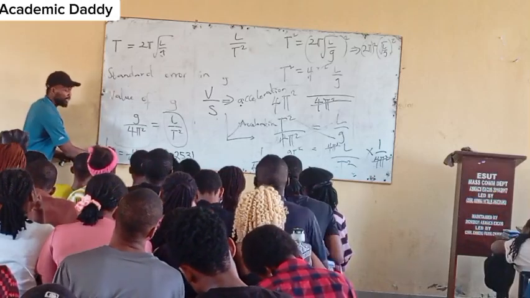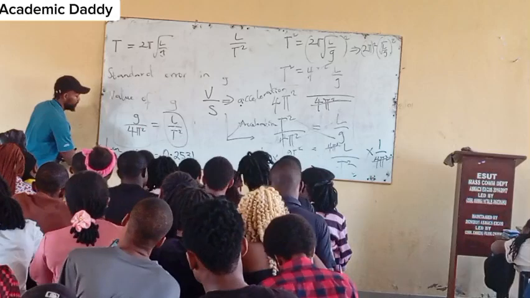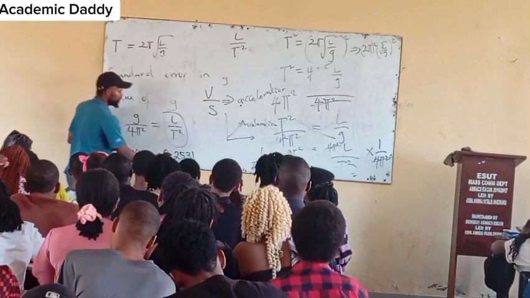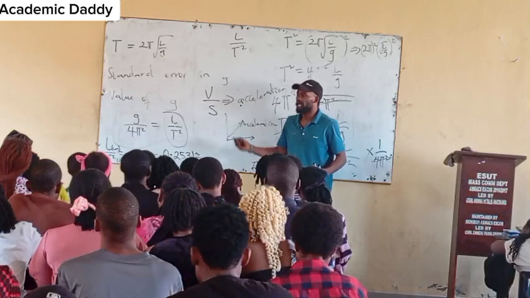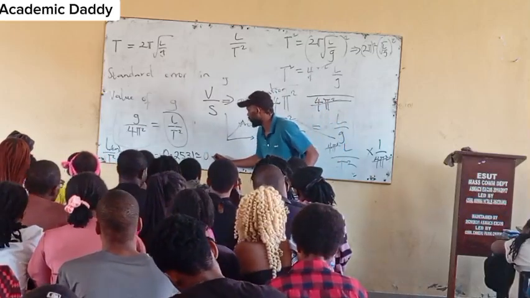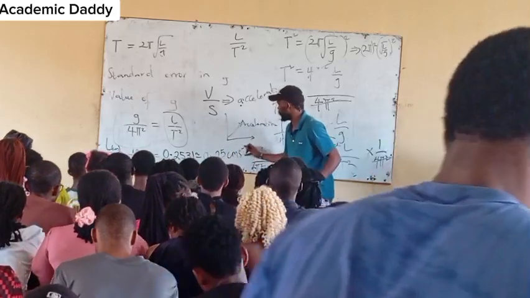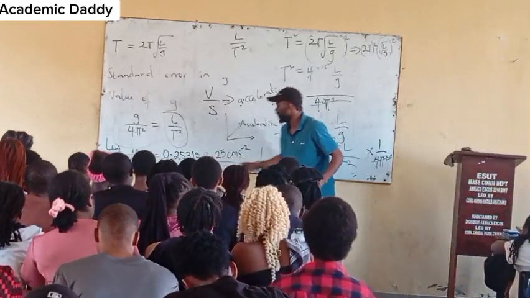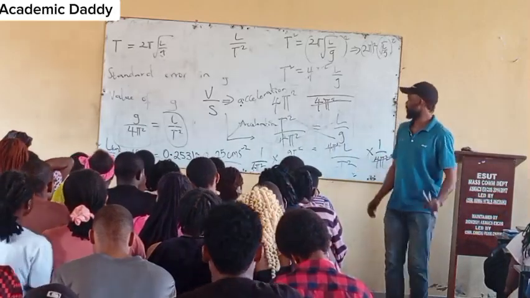This is in centimeters per second squared. I'm doing approximation, not rounding up. So I now have 0.25 cm per second squared. Very simple. This is my slope. Just like that.